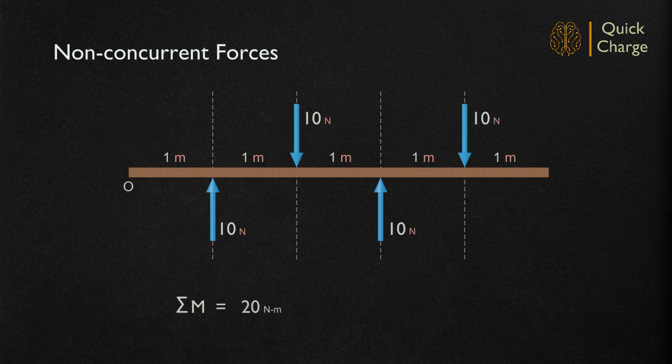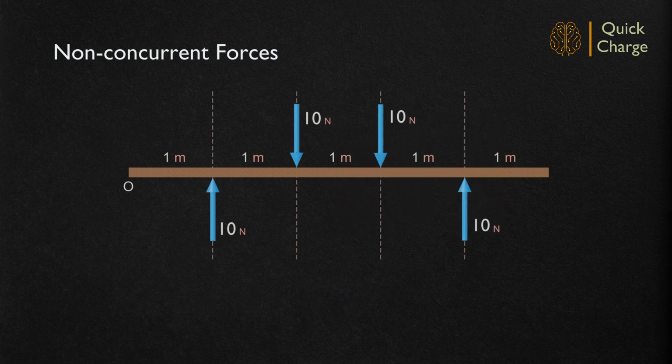So, with respect to the moment center O, a net clockwise moment of 20 Newton meter will be acting on the system. This will initiate a clockwise rotation and the beam will not be in equilibrium. Now, let us reverse the direction of two of the forces. Again, the net force in the horizontal and vertical direction will be 0.